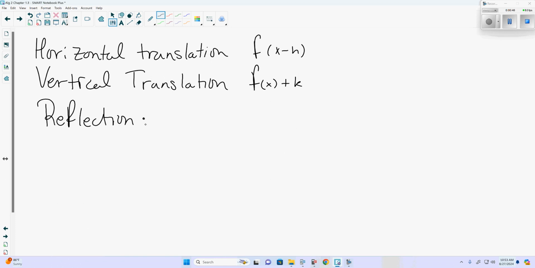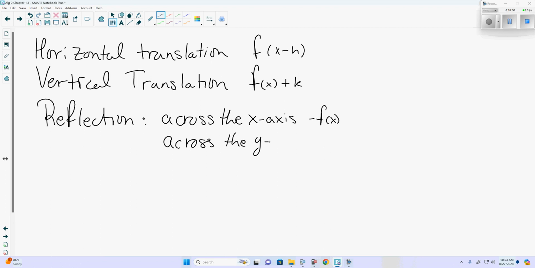Our reflections, if we're going across the x-axis, it's negative f of x. And if we're going across the y-axis, it's f of negative x.